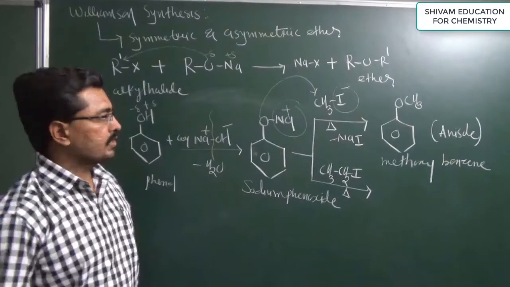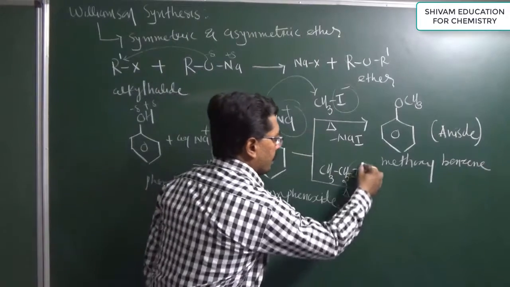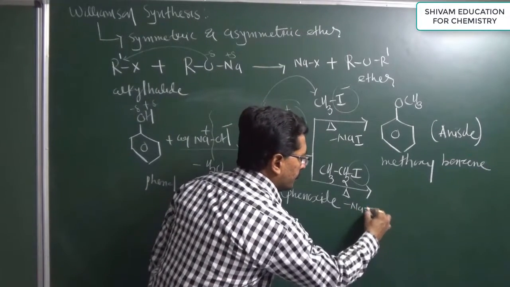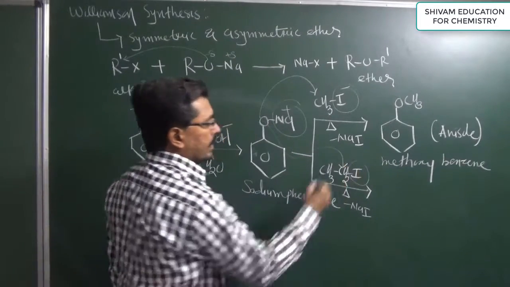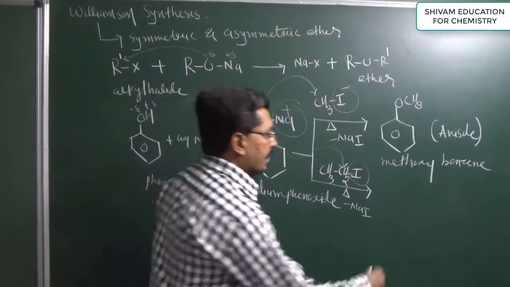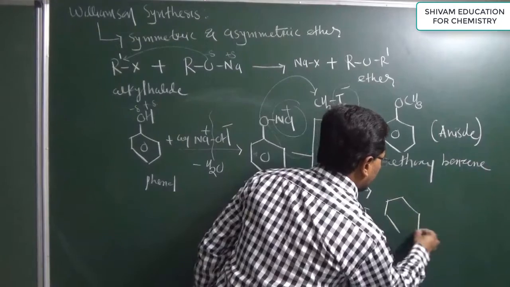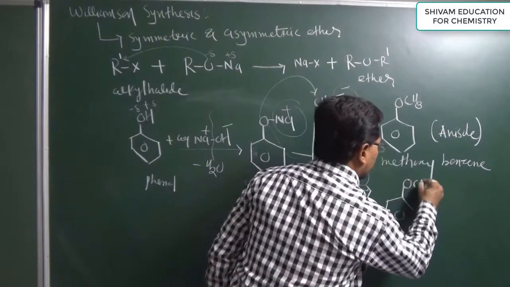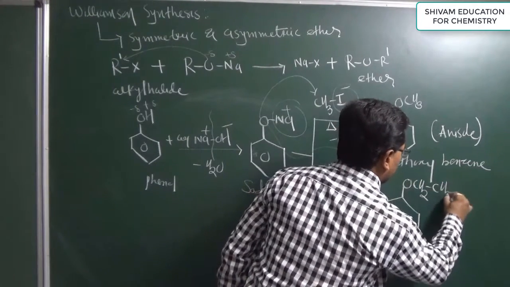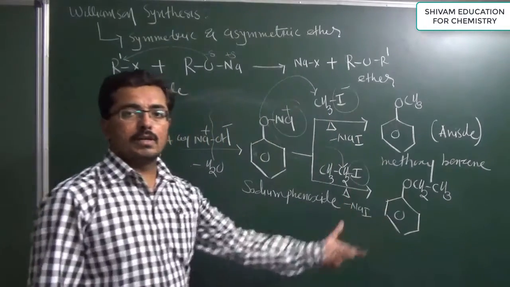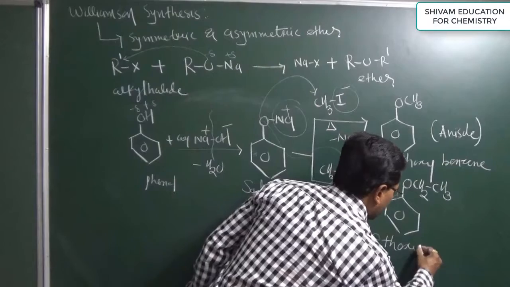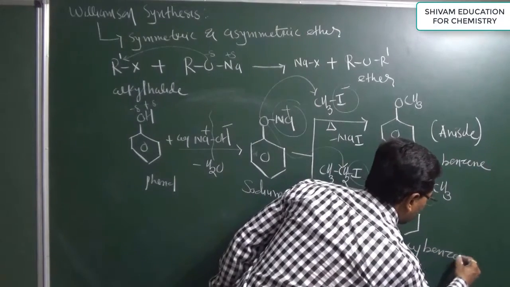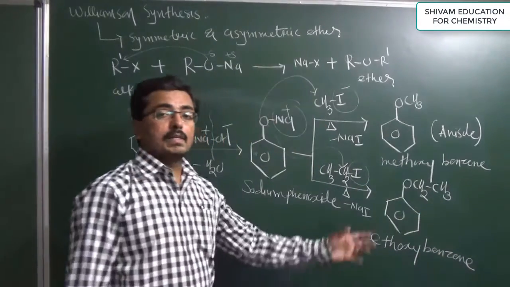Then the same reaction occurs: sodium combines with iodine and is removed in the form of sodium iodide, and oxygen attacks a carbon. So we get this structure, benzene ring with OCH2CH3. This part is known as ethoxy, so this structure is known as ethoxybenzene. Ethoxybenzene also has a common name.